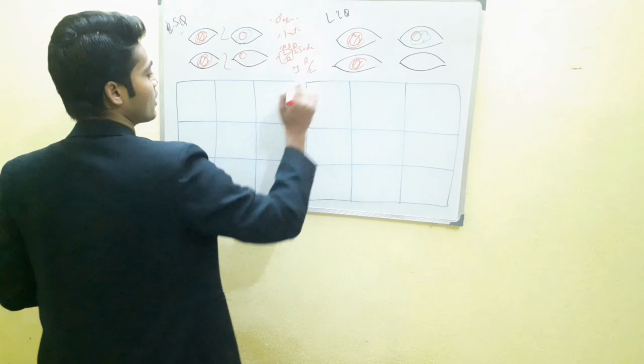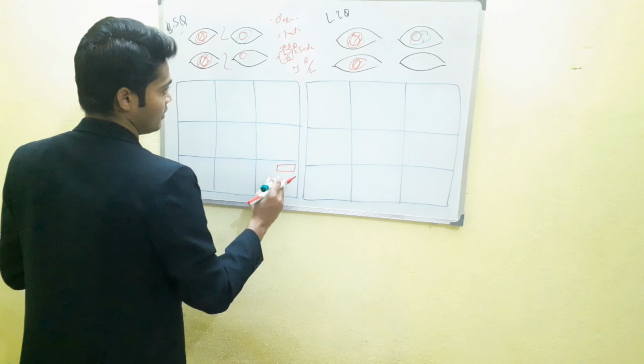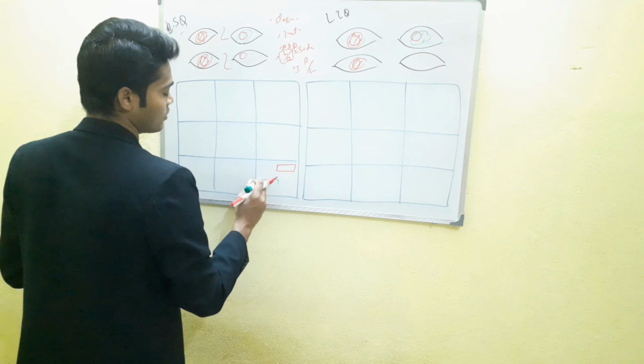Up to this, is it clear? Now, according to this interpretation, we have to draw or plot the Hess chart. For the superior oblique muscle, maximum separation is seen in this part. The right eye image remains on the right side, but over. This is the patient's right and this is the patient's left. So the patient's right side image remains on the right side, but the right side image is over.